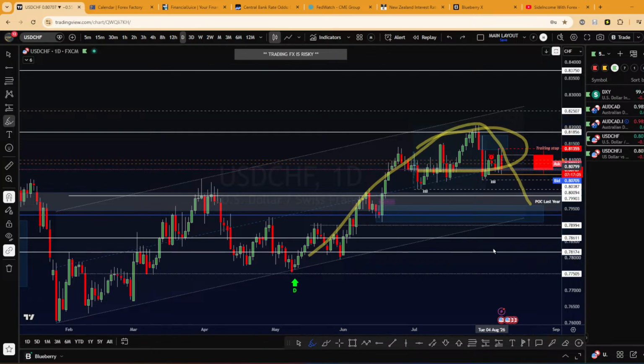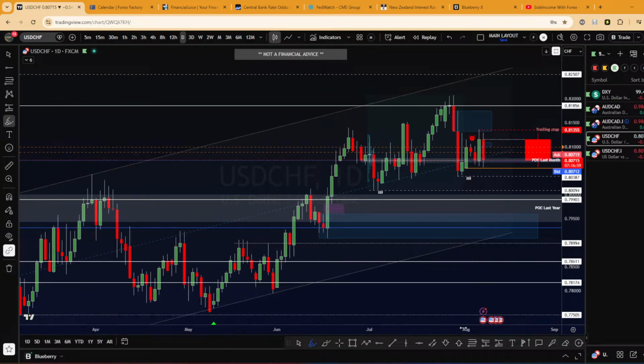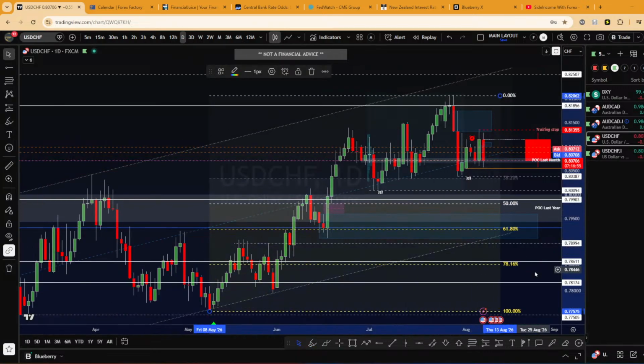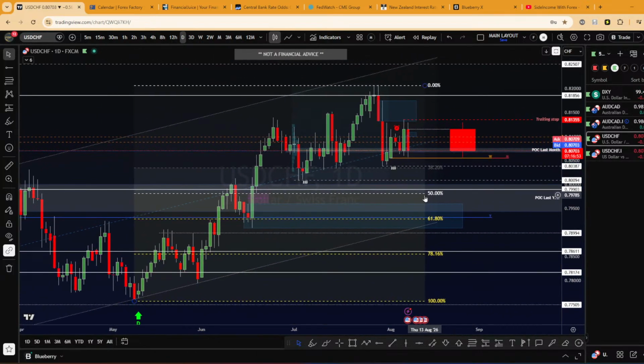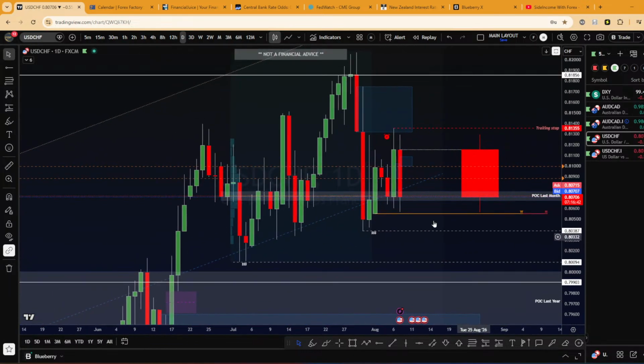Based on the fundamental analysis of the last NFP, I will not be surprised if we continue. For example, if I measure this, 50% is overlapping with this gray zone right there. So nice targets. That's why I think we could potentially continue to drop.